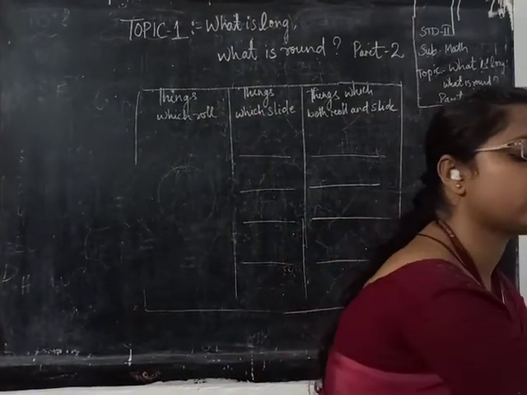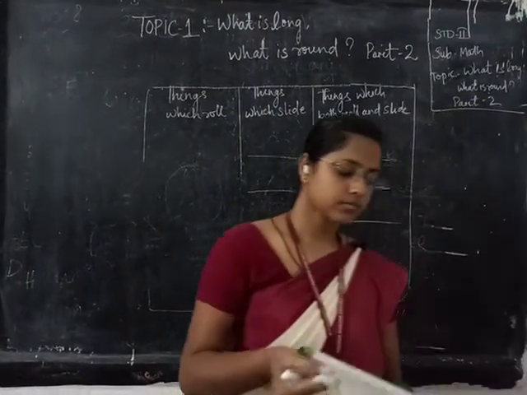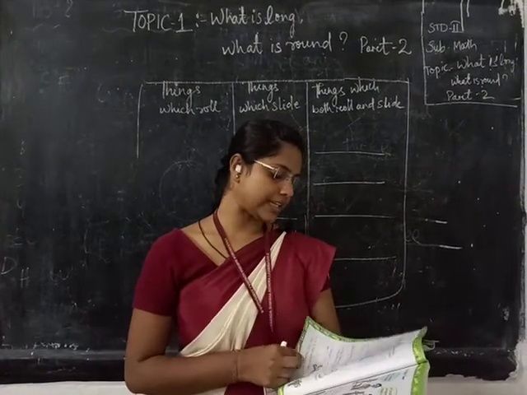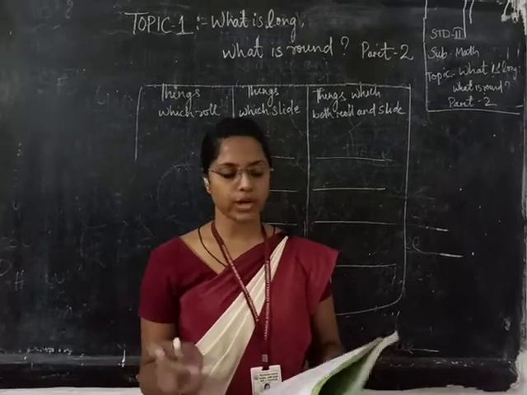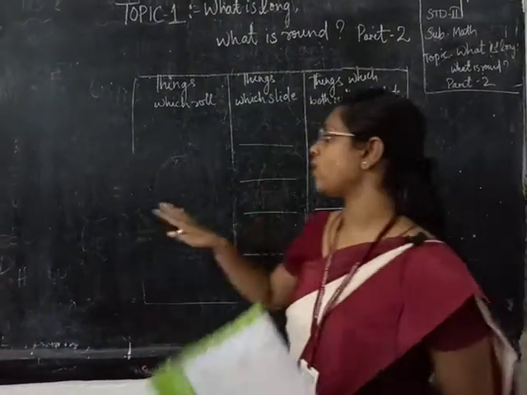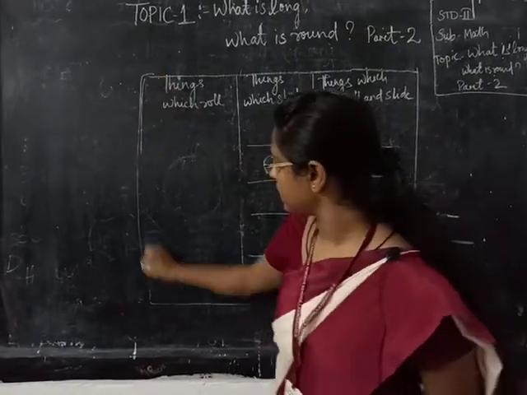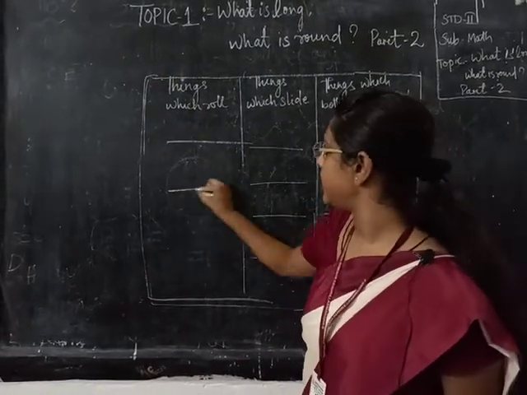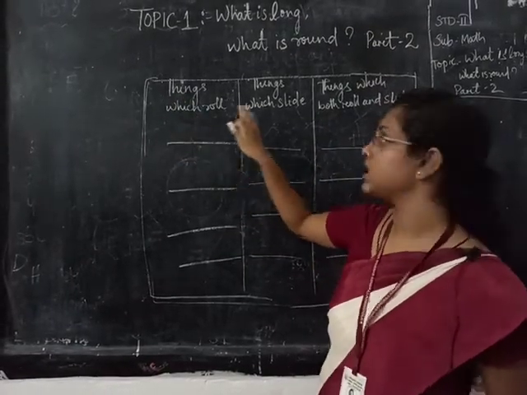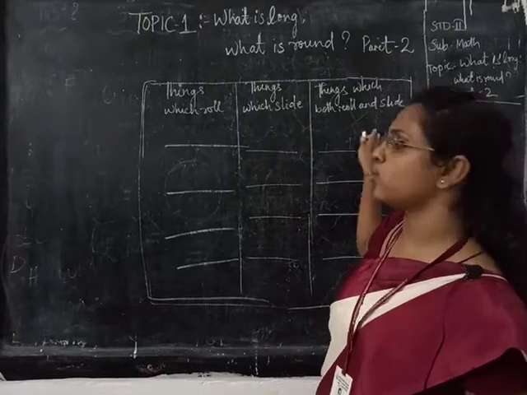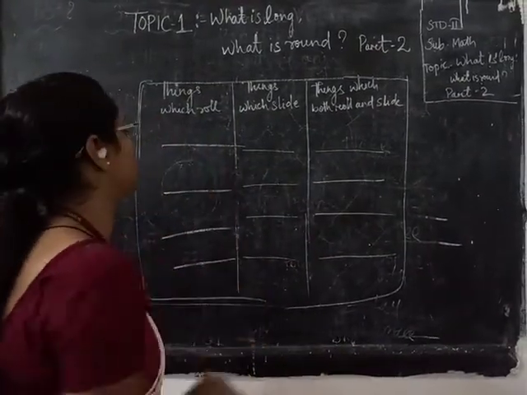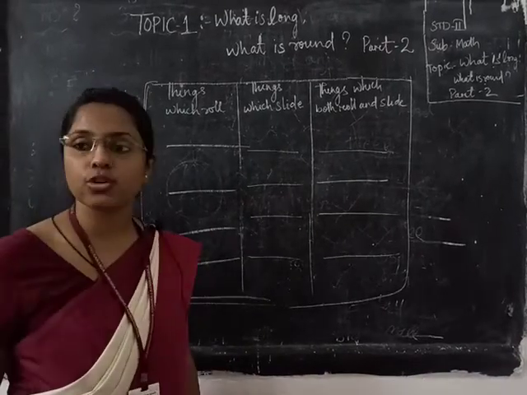Now we will come to our textbook, everyone. There is an activity. Before going to the activity, there is a box given, and I have drawn this box here. It covers things which roll, things which slide, and things which both roll and slide. Now tell me any 4 objects which can roll.